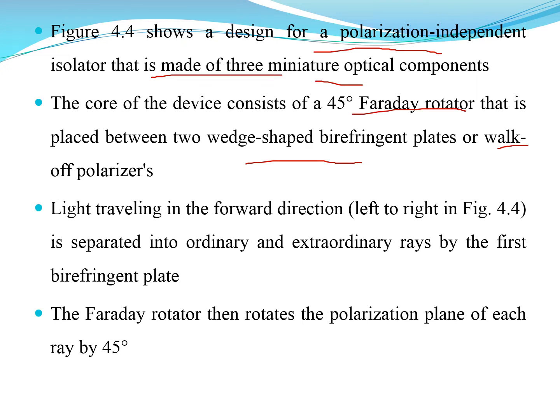Then light traveling in the forward direction, as we saw in the first part of the diagram, gets separated into O ray, that is ordinary, and E ray, that is extraordinary ray, by the first birefringent plate. Then the Faraday rotator, the second miniature optical component in the isolator, rotates the polarization plane of this optical ray by 45 degrees.